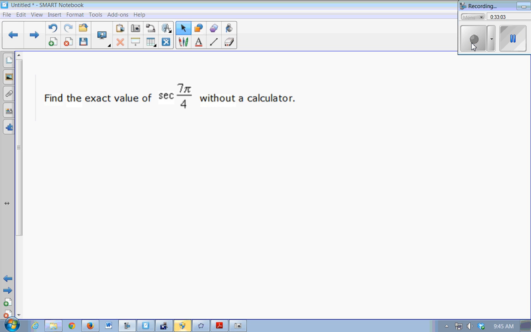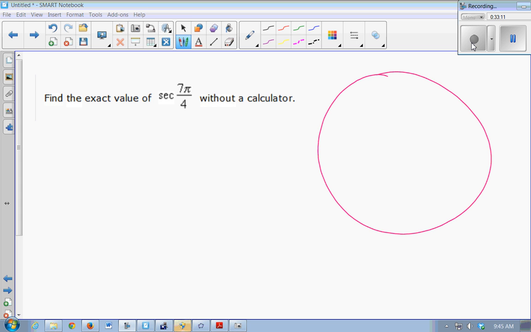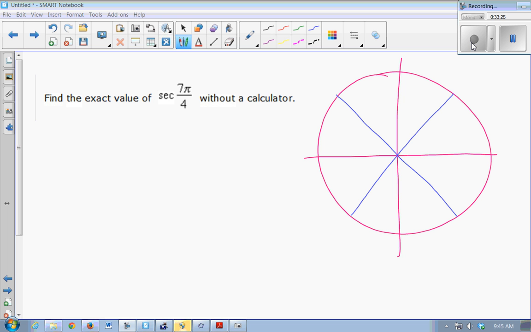Okay, so if you're not allowed to use a calculator, then you're definitely using a unit circle. It's the only alternative. Right, so we draw a unit circle. First thing I have to do is find 7 pi over 4. So I'm going to count off pi over 4s. I need 7 of them, right? So this is pi over 4.